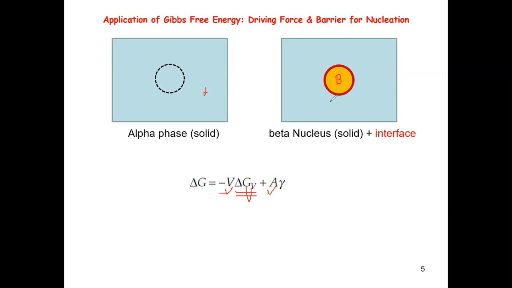We also know that the surface contributes a surface energy, which gives you a barrier for the nucleation. And this is all we need for solidification. But for the solid transformation, do we need some extra terms, or do we have to consider extra contributions to the change of energy?